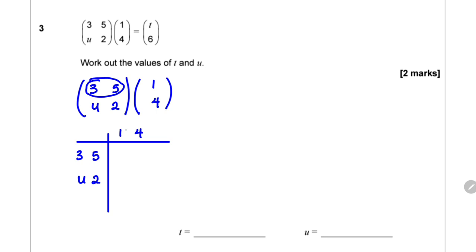So 3 times 1 is 3, then plus 5 times 4 is 20. U times 1 is U, plus we have 8. So the answer to this will now be equals to 23 and U plus 8. This is what we have.